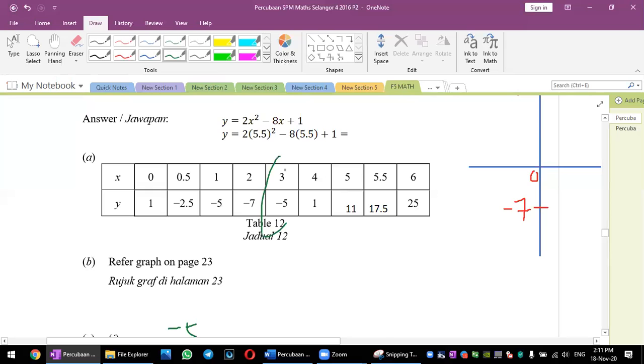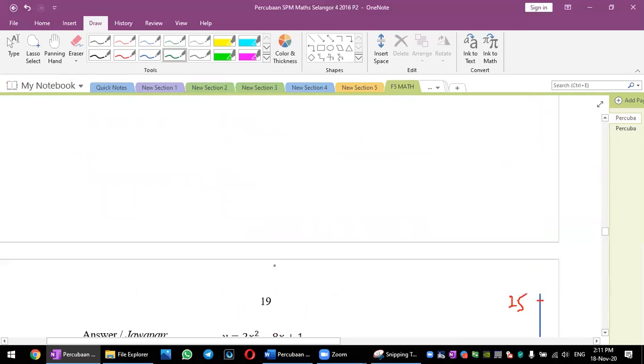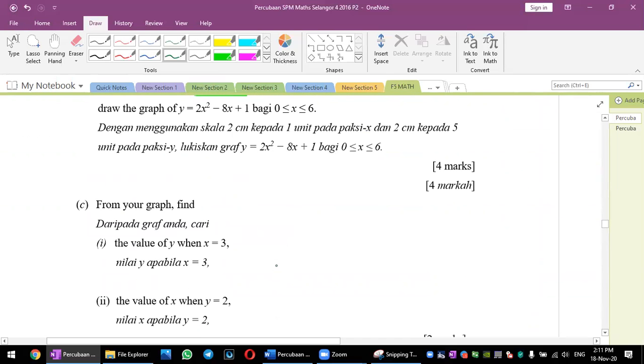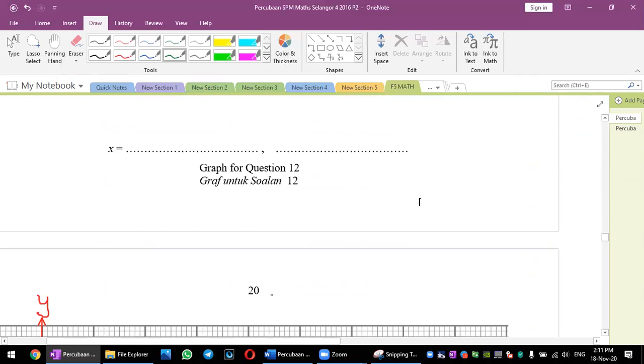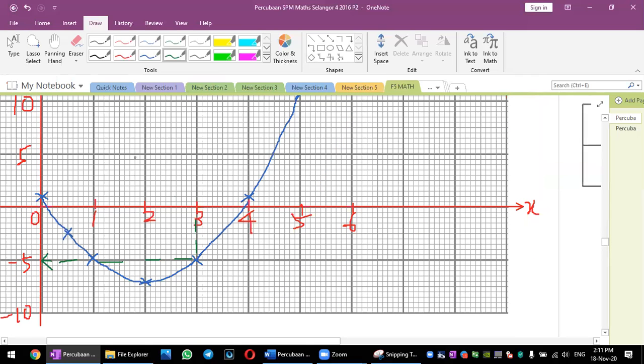Actually obvious juga lah, sini sudah bagi mah. Then another one, find the value of x when y is 2. Okay, so when y is 2, what is your x? When y is 2.